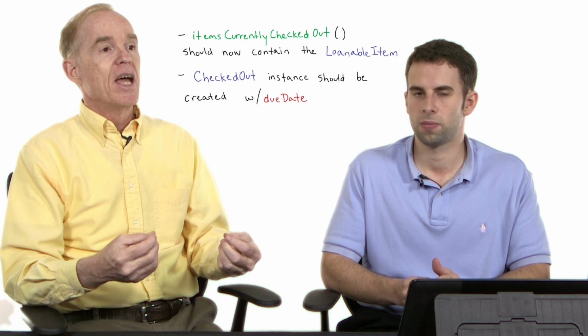And if there is another link there, then by implication, the items currently checked out will return that new item. Correct. So we don't have to state both of those. We only have to say that the association has one more thing in it, and we get the other one for free. However, there's another postcondition.